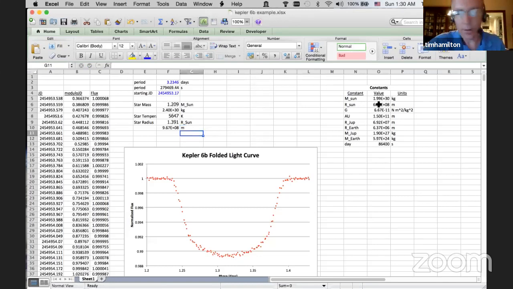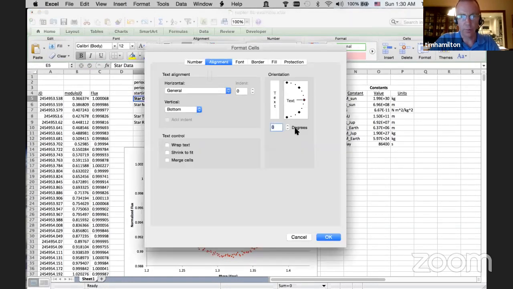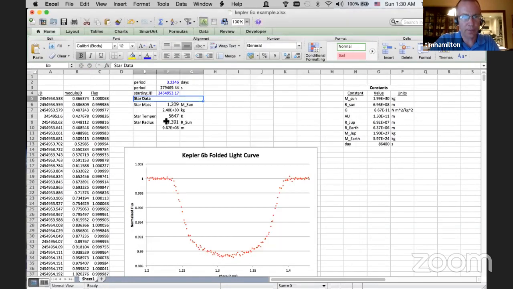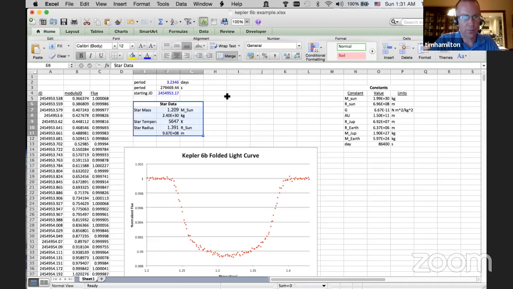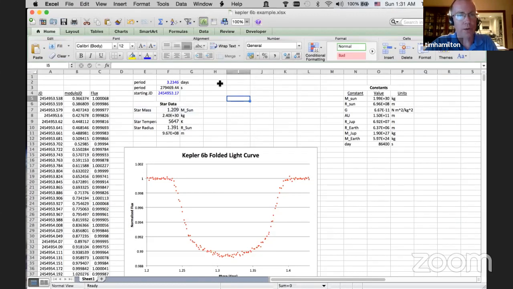Okay. I'm going to make a note here that is star data below that. I'll merge those cells. There we go. Okay, that makes it a little bit easier to find things. Next, now we need to get the orbital radius.